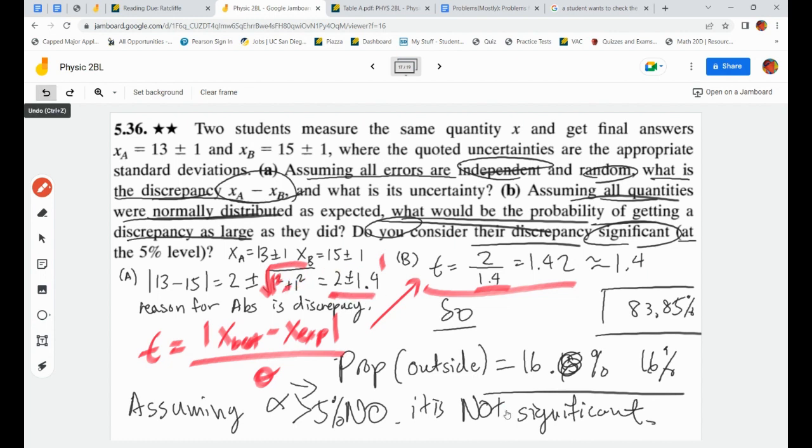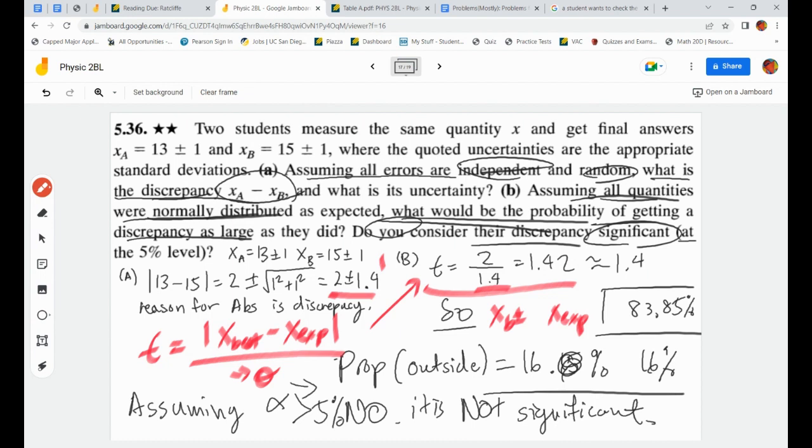If you have an expected value, x best would have an error, but x expected would not have an error.